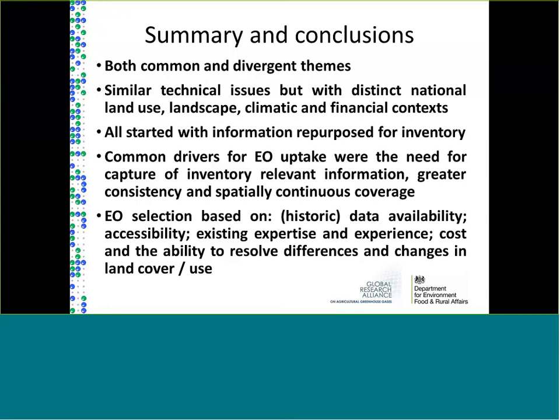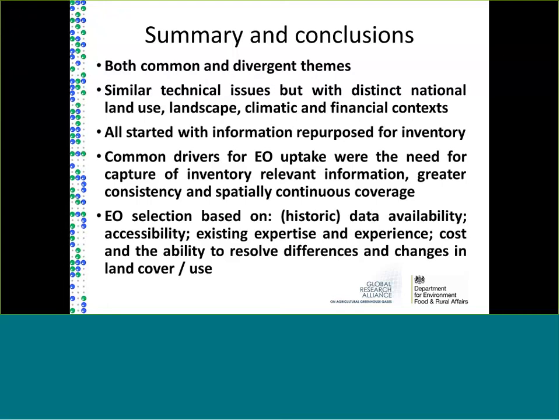All 3 started with information that had to be repurposed for inventory activities, which wasn't ideal and often lacked the spatial attribution that we're moving towards. The common drivers: the need for the capture of more relevant information and improved consistency with the data used, and spatial coverage as well.